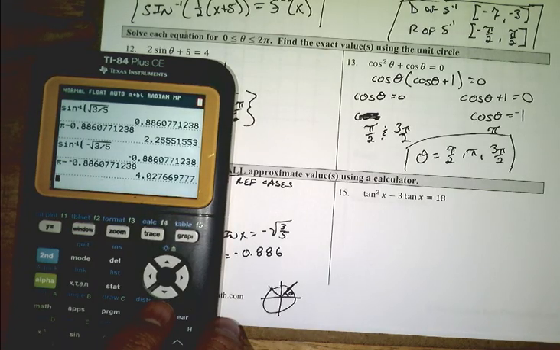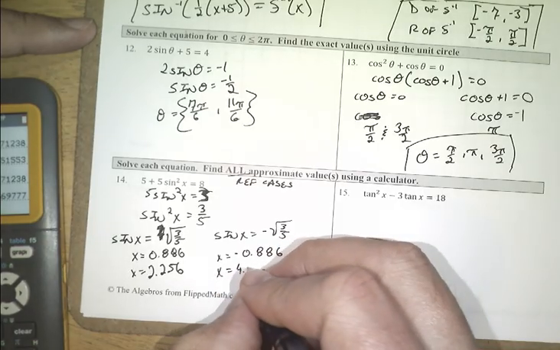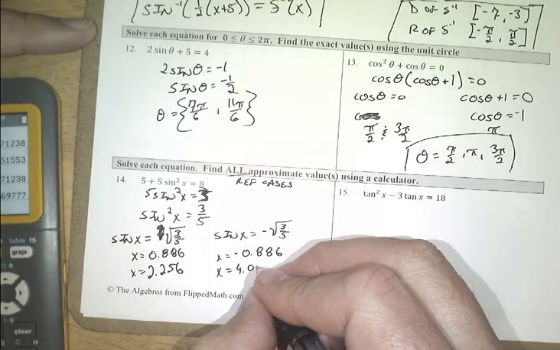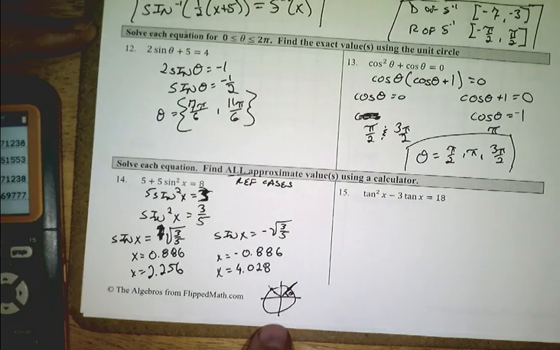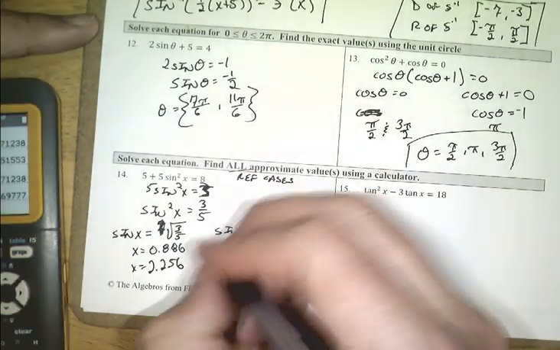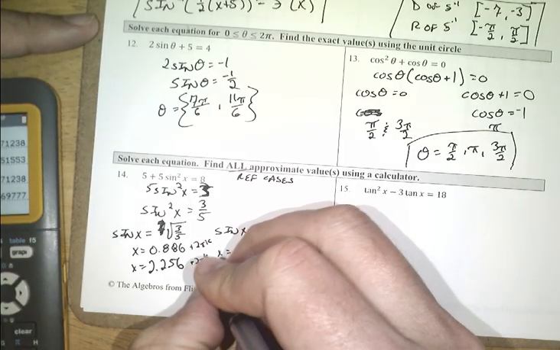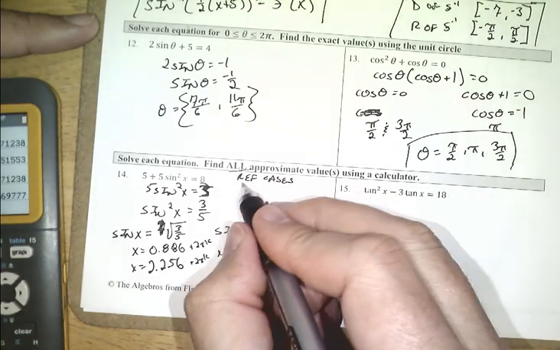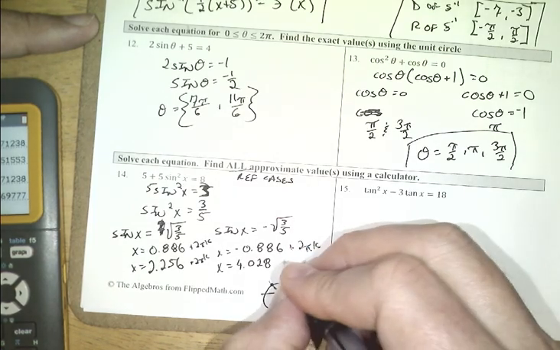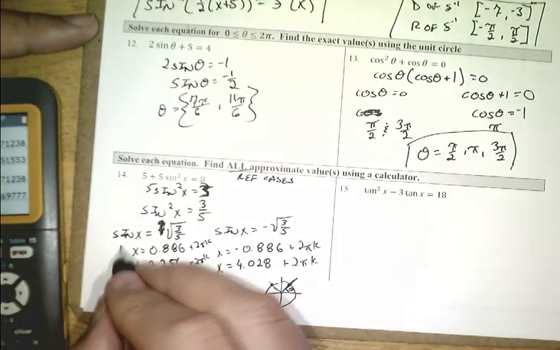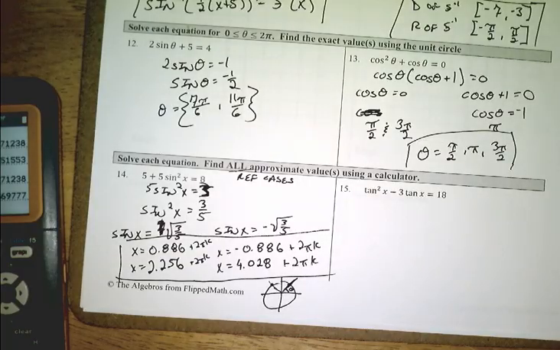So I get pi minus that angle is 4.028. So these are my four different answers, and then each one of them would need plus 2 pi k on them, because we want all solutions. So there we go. There are our four solutions.